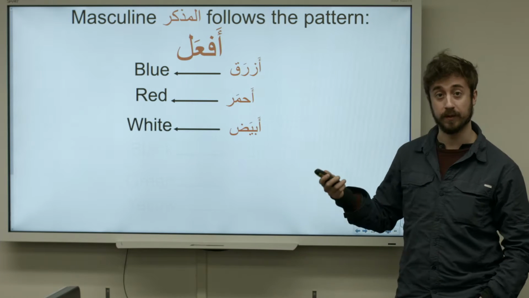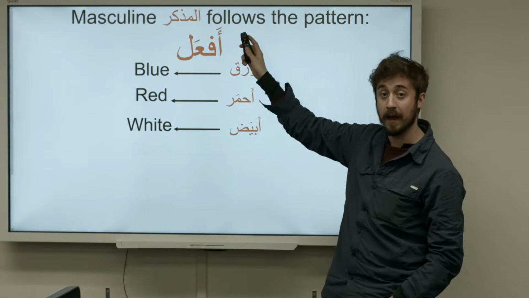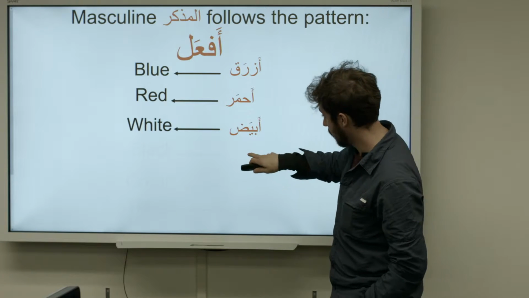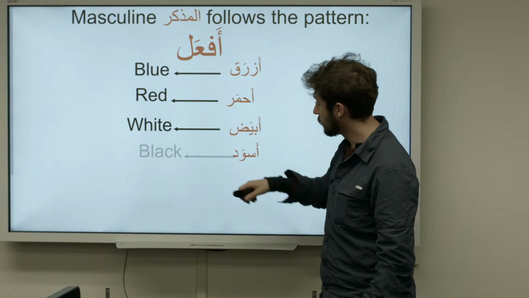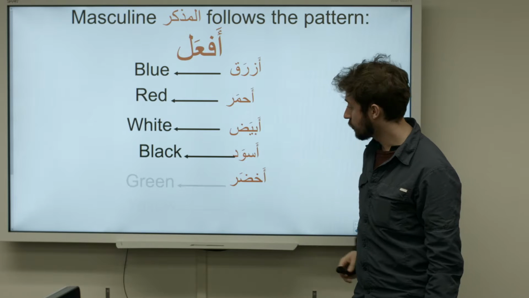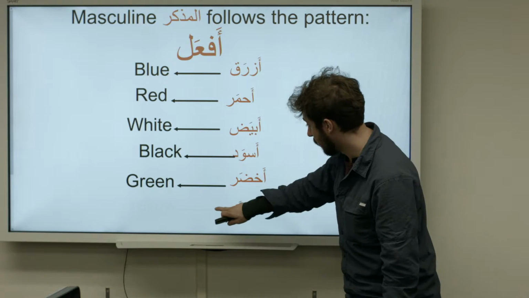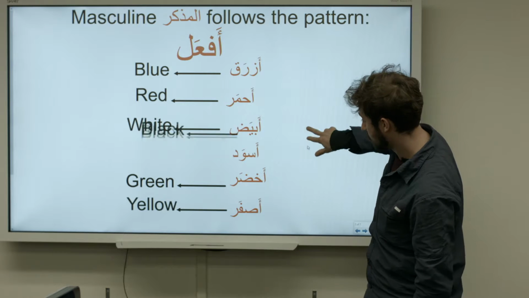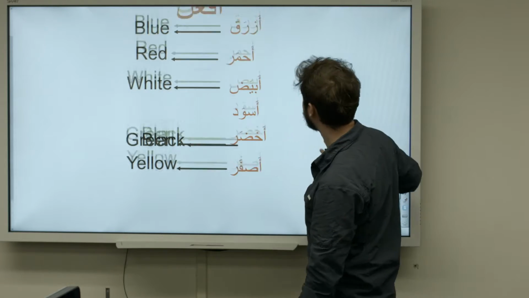You're probably familiar with these colors by now, but this is just to stress that they actually follow the same pattern, right? Af'al. We also have aswad, which is black. Akhdar, which is green. And lastly, asfar, which is yellow. And that's it, I think.